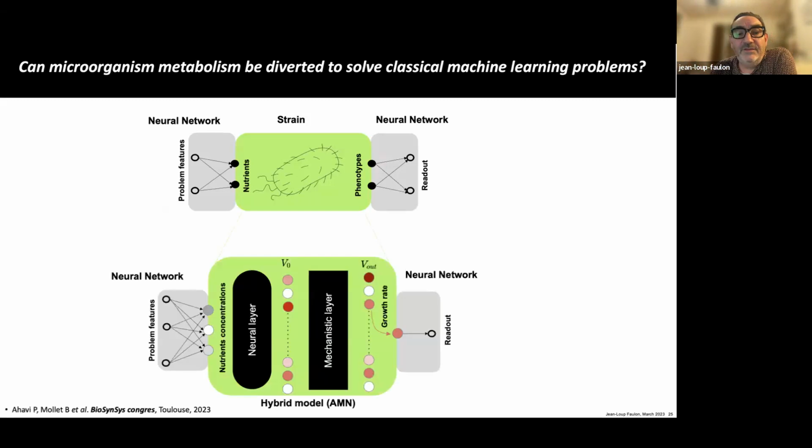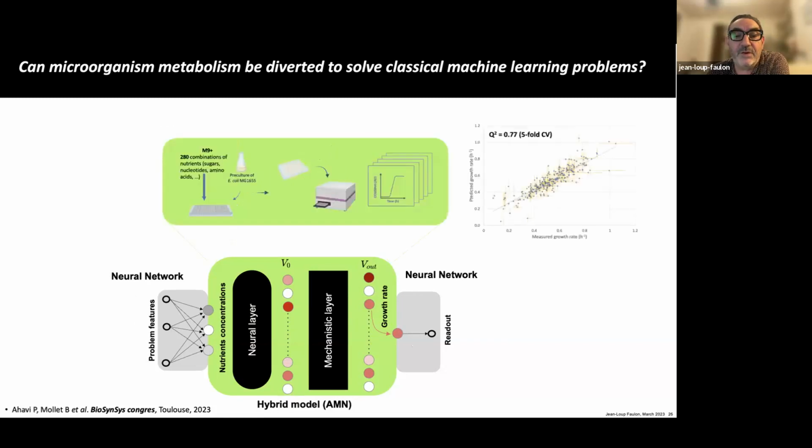In order to do this, we are going to replace the strain by these hybrid models that we call, by the way, artificial metabolic networks, with the various architectures that I showed earlier. So we start with a neural network, then we pass into this hybrid model, then the hybrid model produces a growth rate, and we move to the readout.